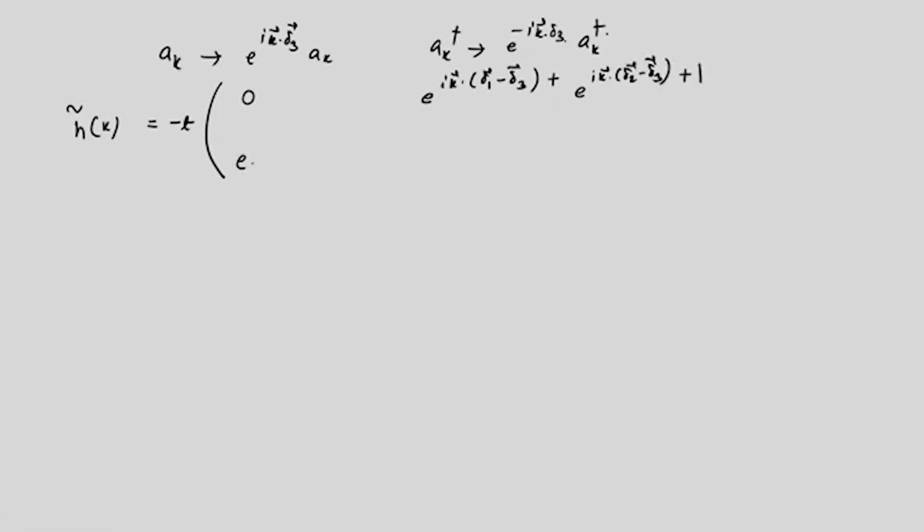Then the other term is exponential minus i k·(delta 1 minus delta 3) plus exponential minus i k·(delta 2 minus delta 3) plus 1, and there is a 0 here, and that becomes the matrix.